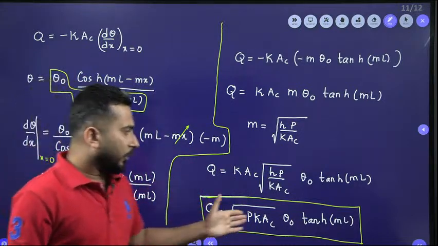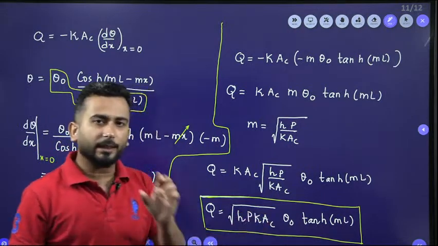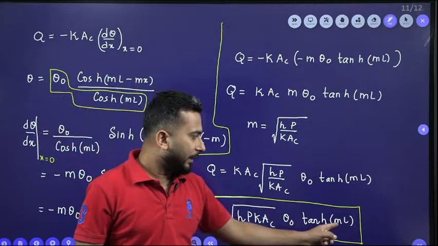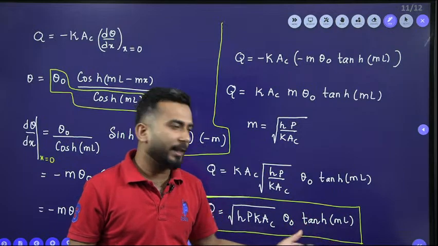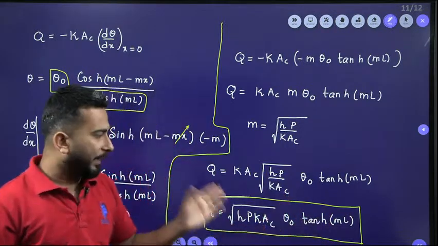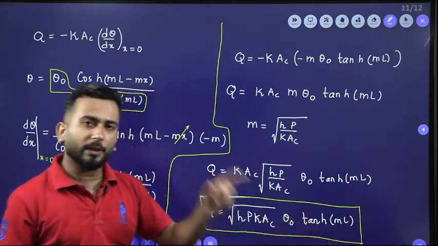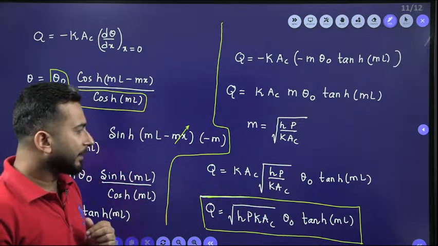And we can also derive some conclusions over here. If you compare the heat transfer from the first case and from the second case, the only extra term is tan h ml, hyperbolic ml. If you make this tan h ml term as 1, you will reach the infinitely long case, right.